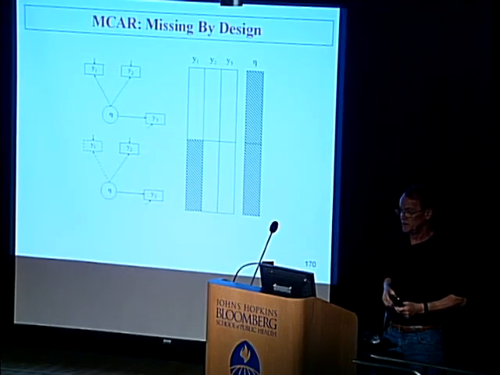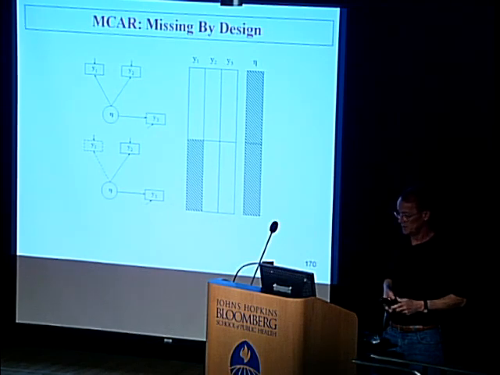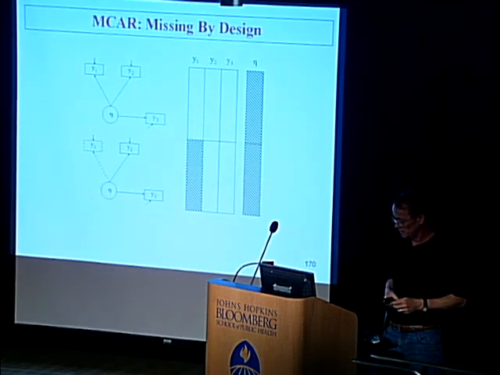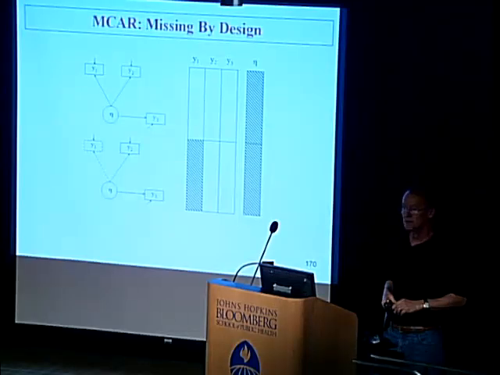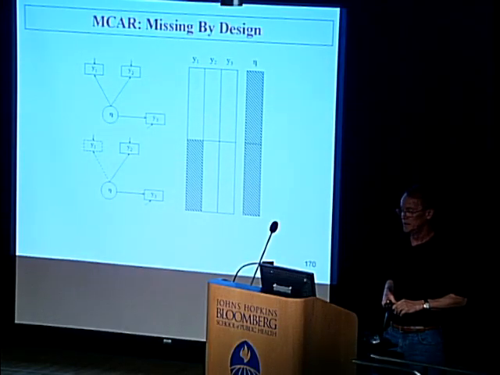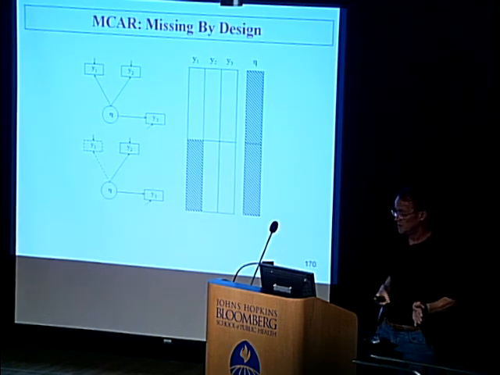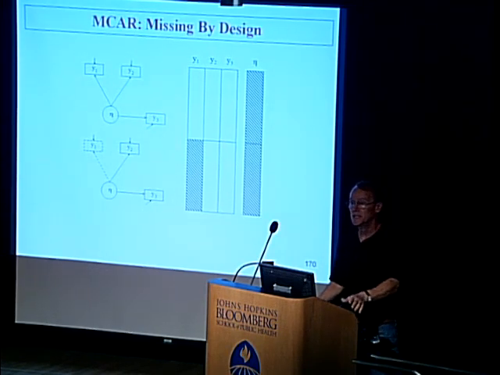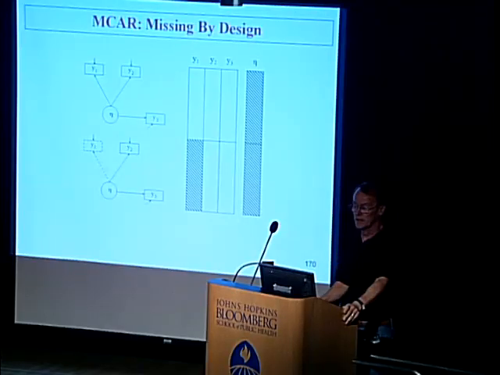And this idea is often used in education where you have so-called matrix sampling, bib spirals, where different student groups get very different test items to solve. So you have planned missingness.